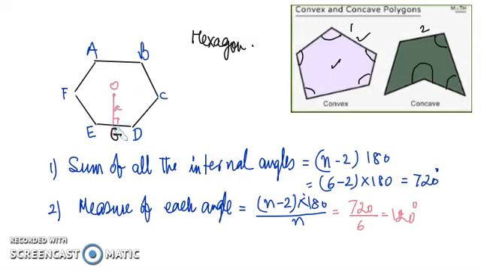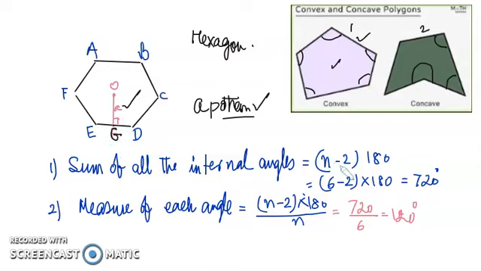G is the midpoint of ED, and if you join the midpoint with O, the center of the polygon, then that is called the apothem, as already discussed.